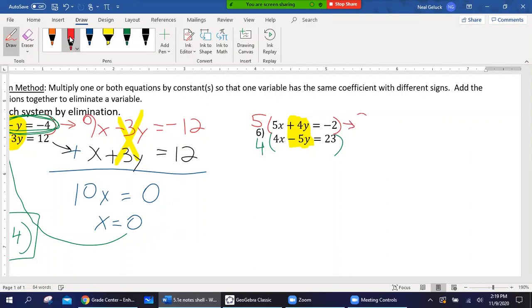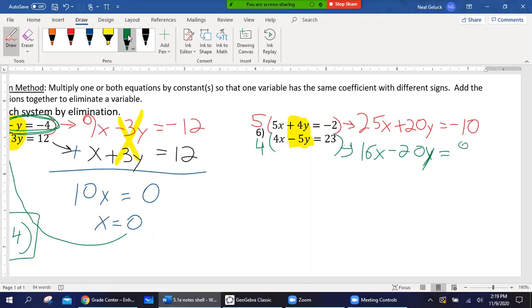So my first equation would be 25x plus 20y equals negative 10. For the second one, I'm multiplying 4, so that's going to be 16x minus 20y equals, that's going to be 92.